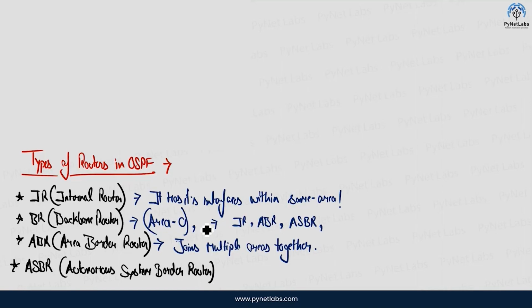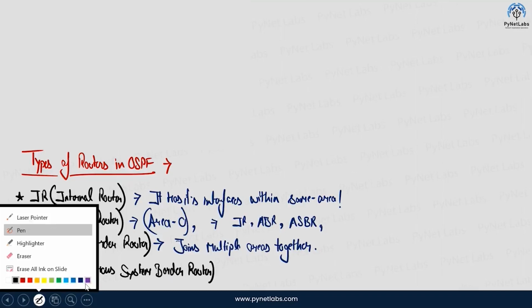Now this ASBR router is something like, whenever we are defining the configurations, one interface can connect to the OSPF topology, and other interfaces connect to a non-OSPF network, which means the traffic may be coming from the ISP side or from some other source.